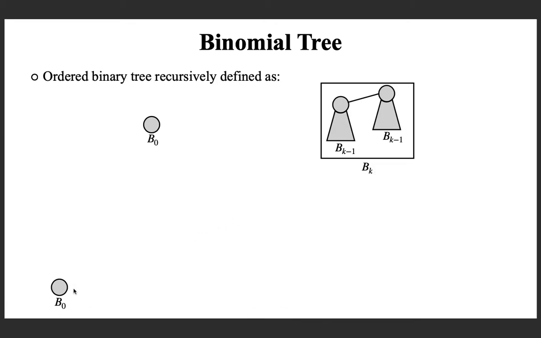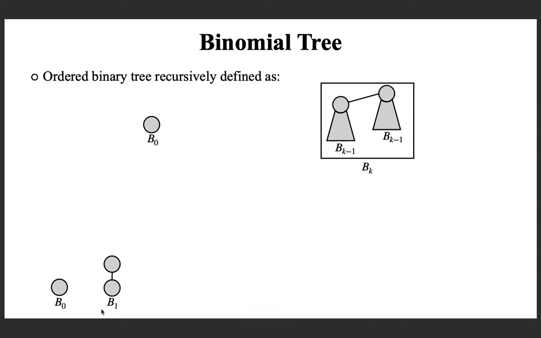So here we have B0, the simplest binomial tree, and now we can see how we can combine two B0s to get B1. So what you do, you take a B0 and then you attach another B0 as a child of it.